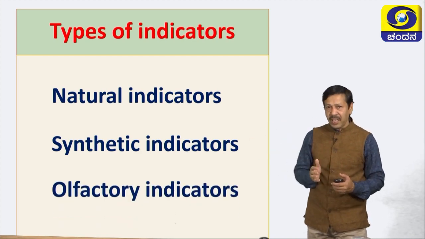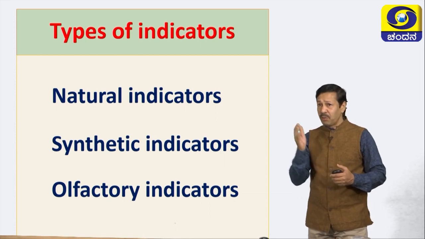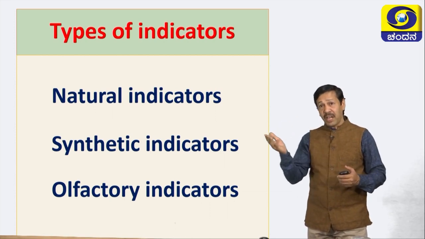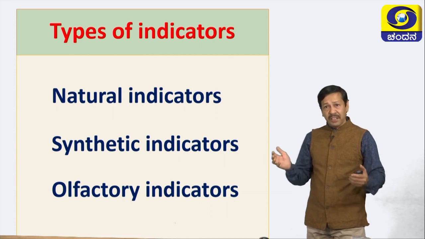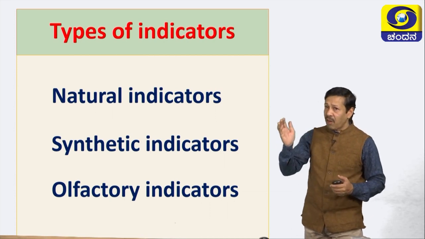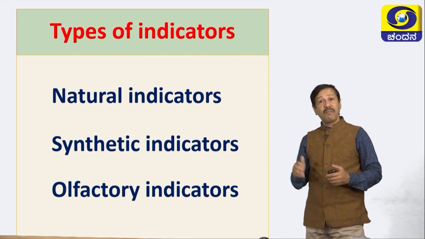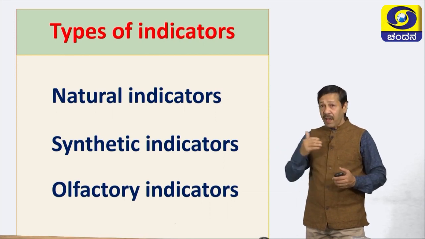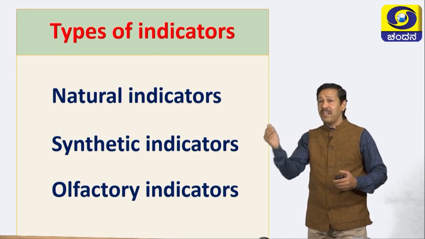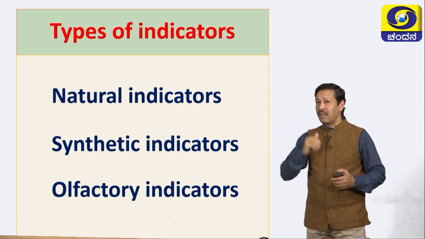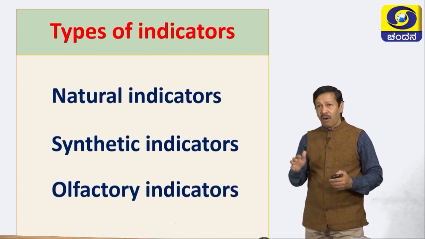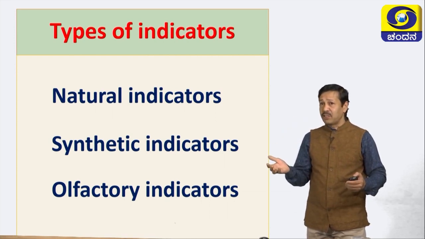Already you have seen several indicators. You know, litmus paper is a natural indicator. Synthetic ones are methyl orange, phenolphthalein, and so on. Olfactory indicators, olfaction means smell, they change the smell. Example, vanilla essence, onion extract, and so on.